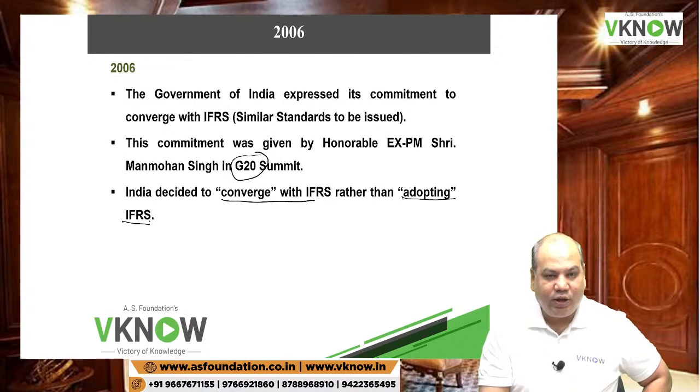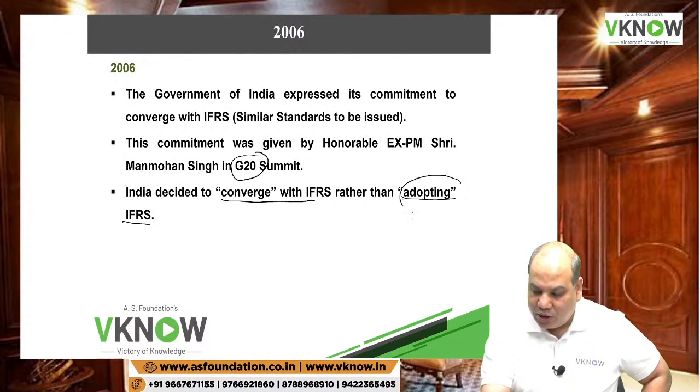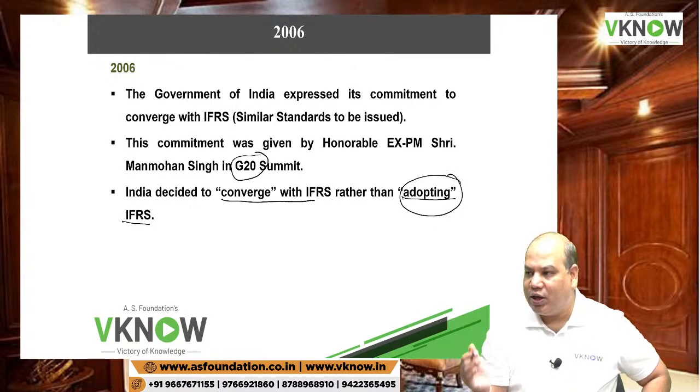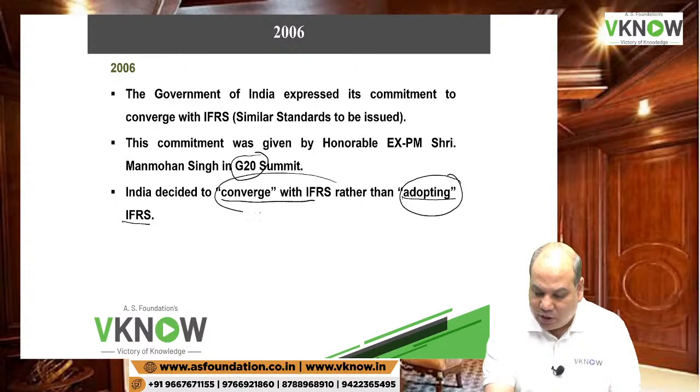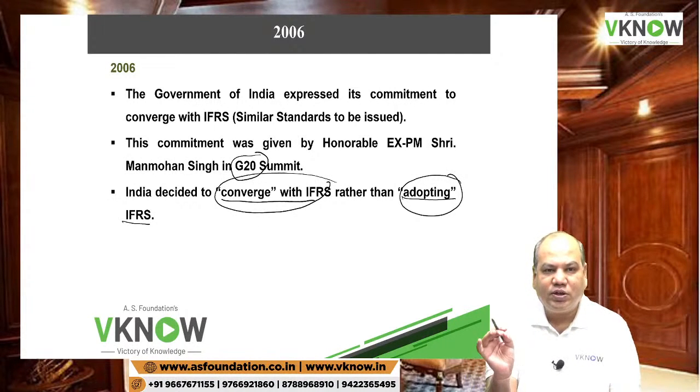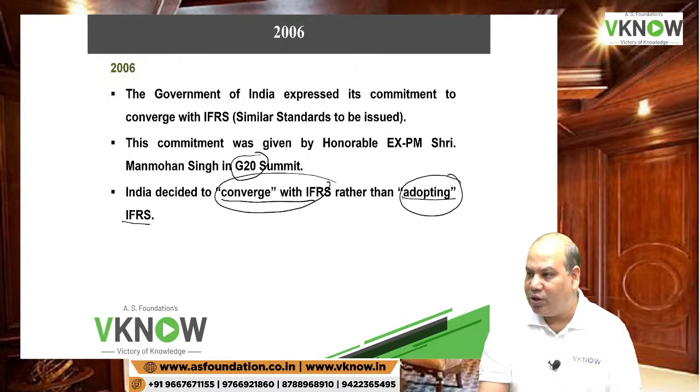So what is the difference? Adopting IFRS means you will just take IFRS as it is, no change. Converging with IFRS means we will make some suitable changes according to the Indian economic environment. So Ind AS, what you learn, is almost similar to IFRS, except there are a few differences.